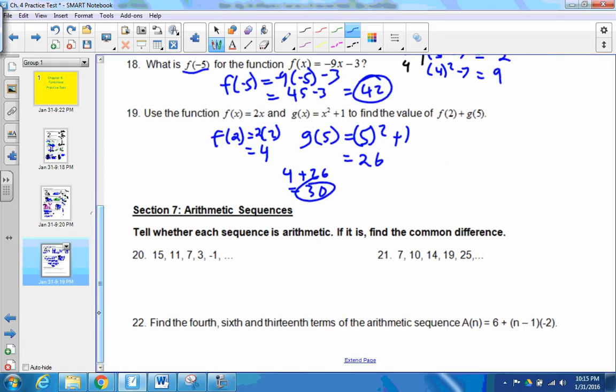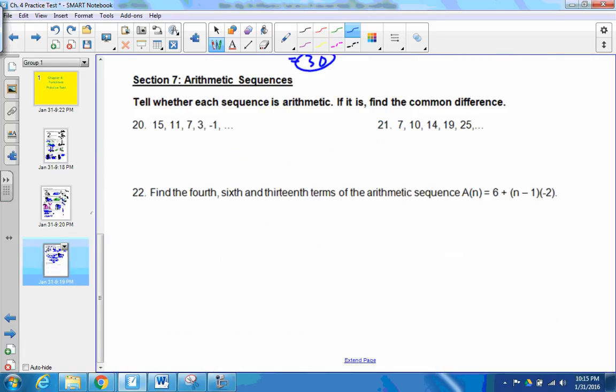All right, very last section, arithmetic sequences. We love arithmetic sequences because there's a common difference between each number if it is an arithmetic sequence. So let's see right here. This is going to be minus 4, minus 4, minus 4, minus 4.